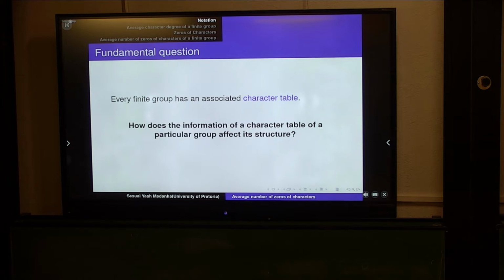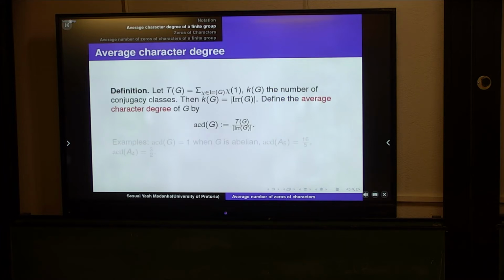So we get on to average character degrees. The motivation for what I looked at is based on the average character degree of a finite group.